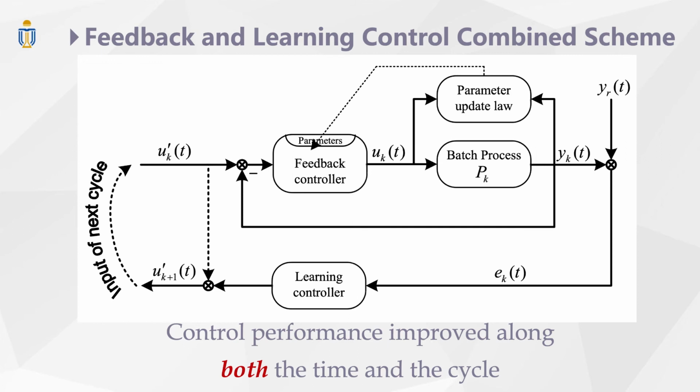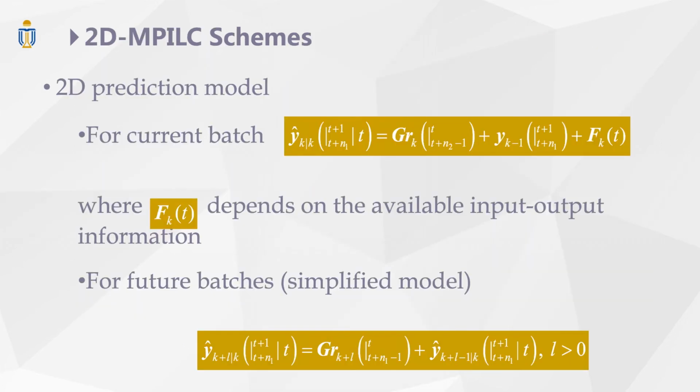To do that, we developed so-called two-time-dimensional model predictive control combined with iterative learning control. And for that, we developed the 2D MPC in this way for a single batch. For future batches, we can also do 2D MPC through this kind of prediction model.